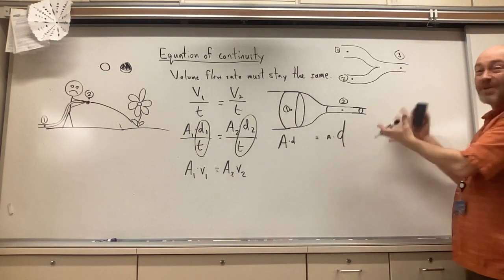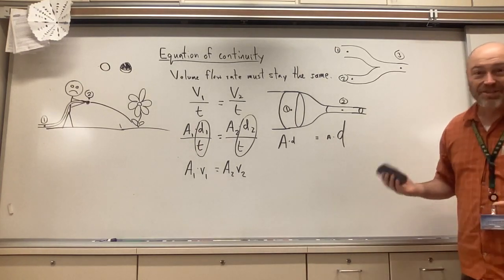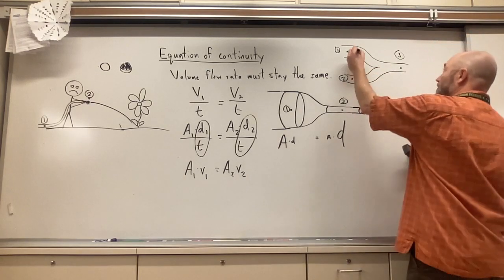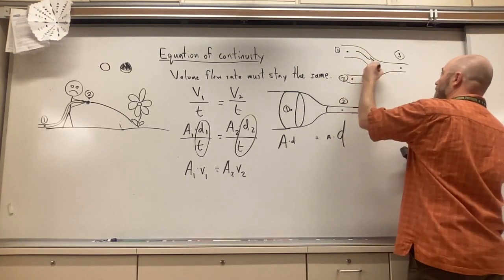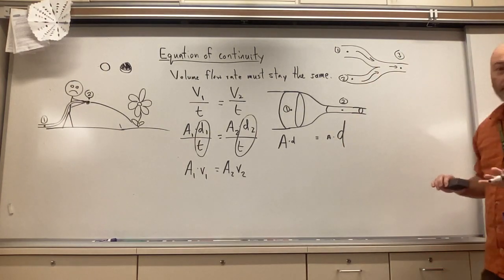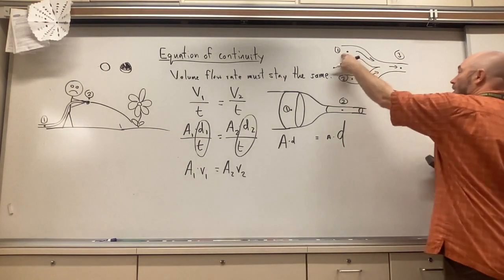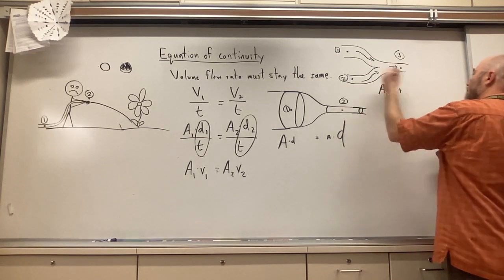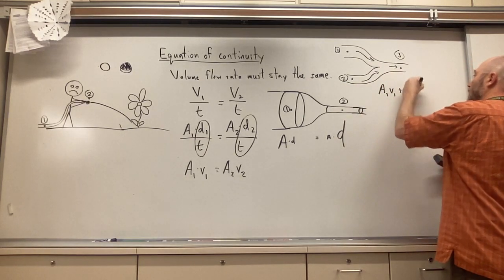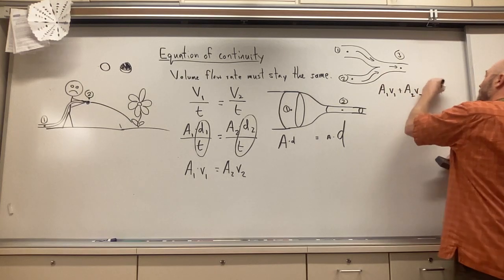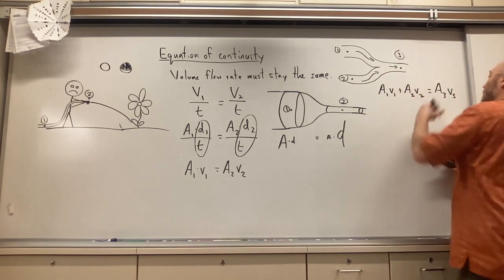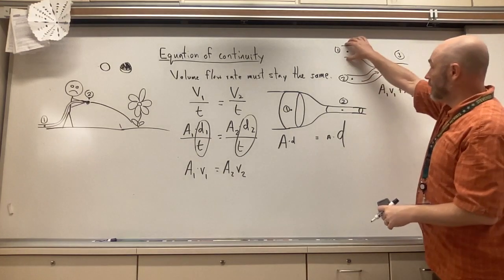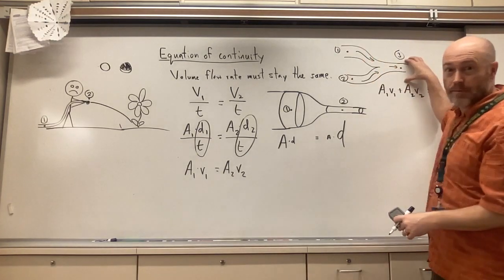You just draw your picture and make sense out of this. So in this case, it's not A1 V1 equals A2 V2. Why? Because the water is flowing this way. It would have to be A1 V1 plus A2 V2 equals A3 times V3. Duh. It's just saying, again, the volume here and here has to be equal to the volume there.